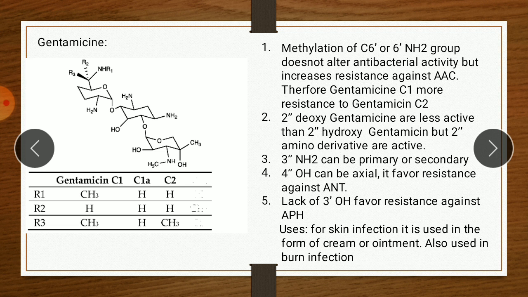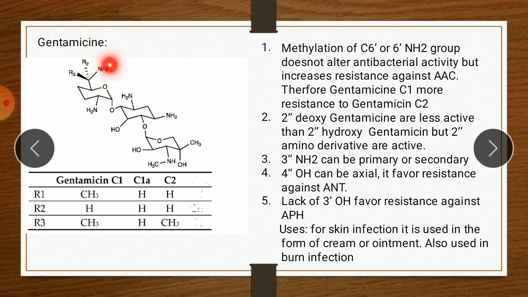So here again, gentamicin is a mixture of three types of compounds, that is gentamicin C1, gentamicin C1A and gentamicin C2. So it is a combination of these three. What is the difference between gentamicin C1, 1A and 2? Here again there are R1 and R2.